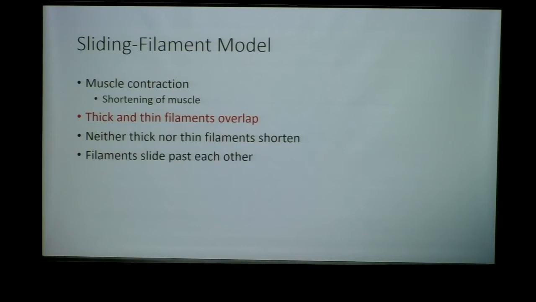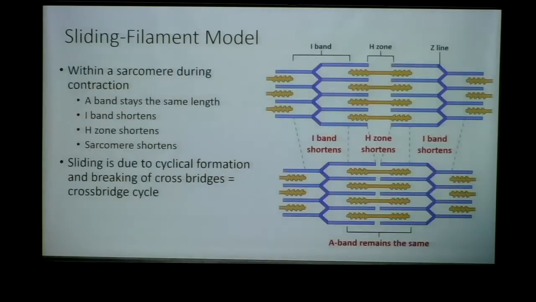Now we know that that's not true. They are contractile proteins in the sense that they slide past one another, but their length never changes. They do not contract individually. They simply slide or move past each other, okay? So the filaments slide past each other, and neither of them changes its individual length.